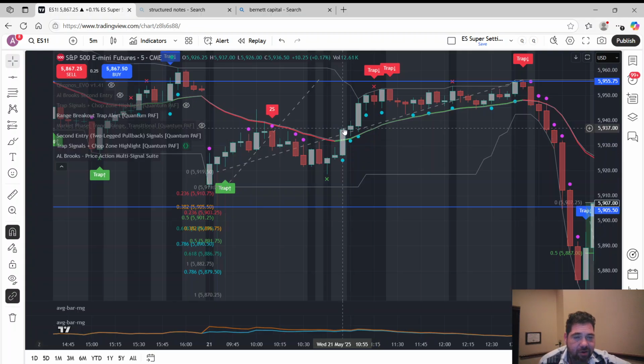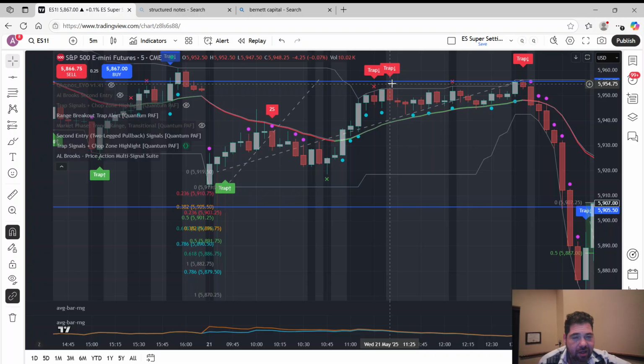You have a shaved bar over here. This is what Ali Mo Afshari calls big, small, big. So big, small, big would imply a continuation to the upside. This would have happened but for these resistance levels and this gap.